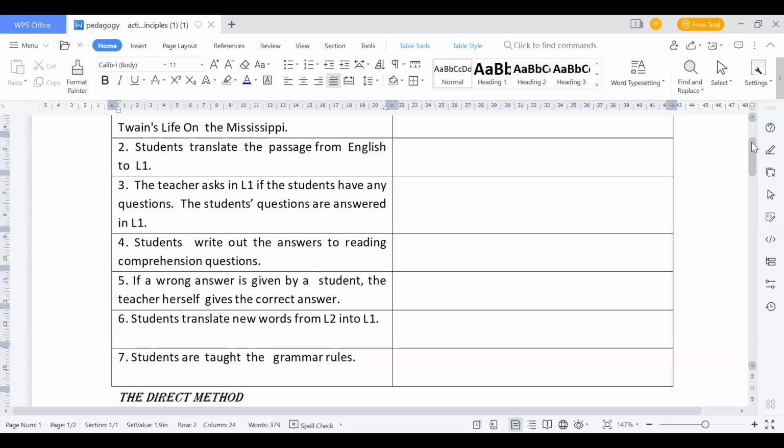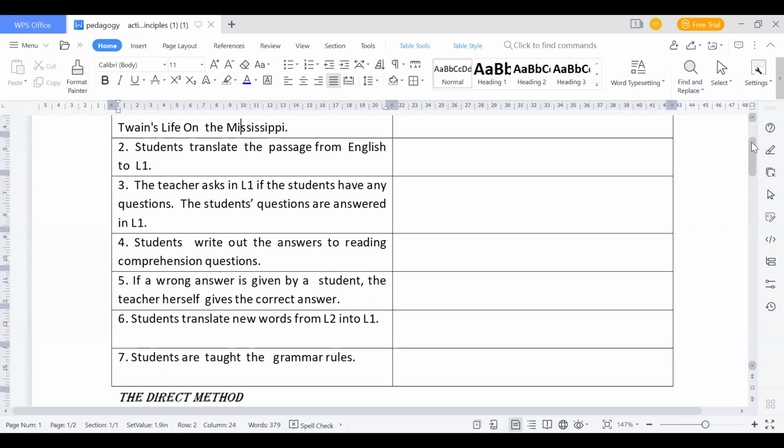Classroom instructions were given in L1 and L2 is taught using L1 in the GTM method. So L1 has a big role to play in classroom instructions and in teaching L2.